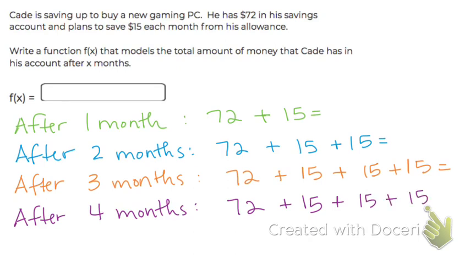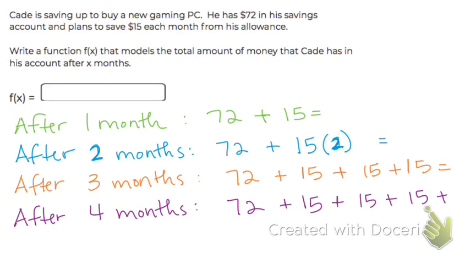Is there another way I can write this instead of plus 15, plus 15, plus 15? Like, let's think about after 2 months. Instead of saying plus 15, adding 15 2 times, which is 30, is the same as 15 times 2. So 2 months, I'm adding 15 2 times, which is 15 times 2.